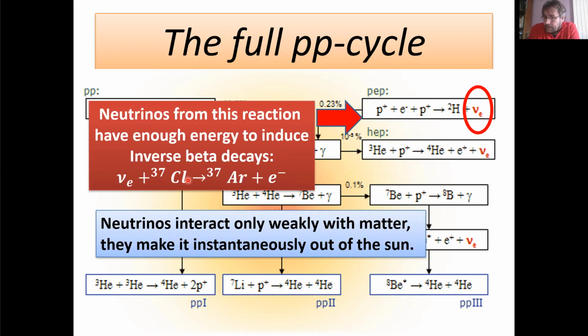This is a stable isotope, one of the stable nuclei, but with a neutrino we can now induce the same reaction: neutrino and chlorine to argon, we create another proton. This hits a neutron and changes it to become a proton. Then, in order to have charge neutrality, we need also to create a negative charge, which is this electron.